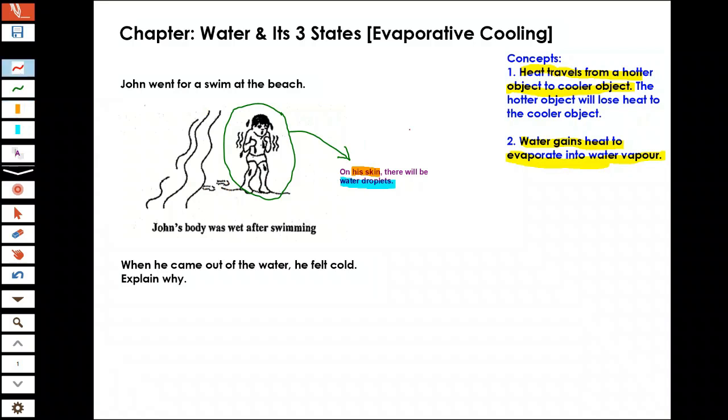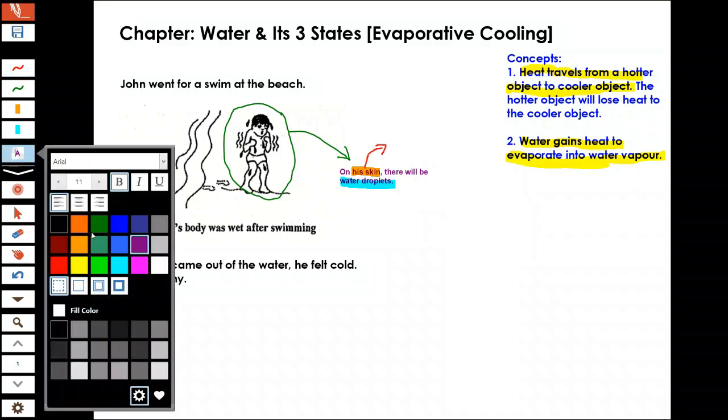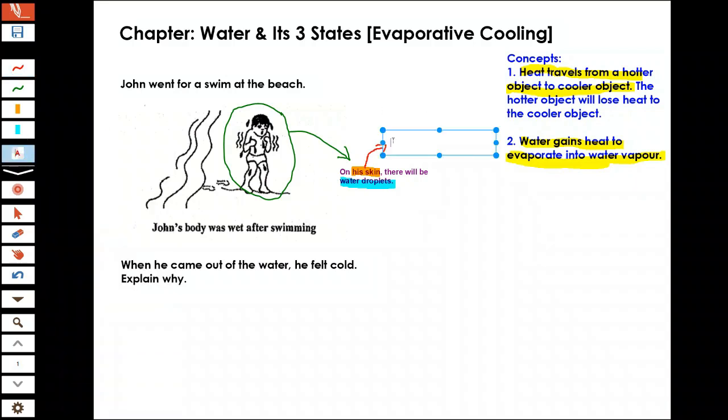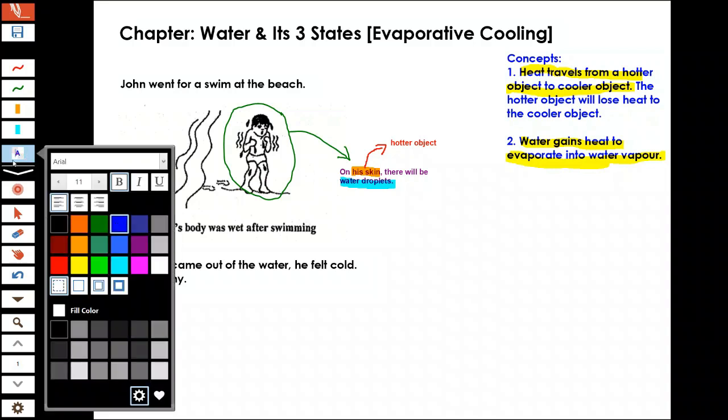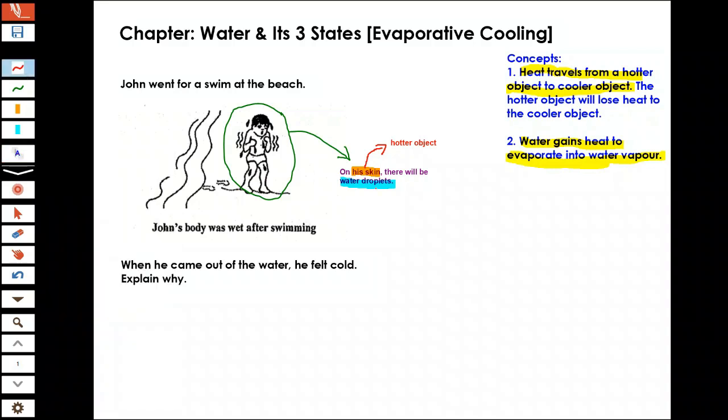Firstly, his skin will be the hotter object, so I'll use red. The water droplets will be the cooler object.